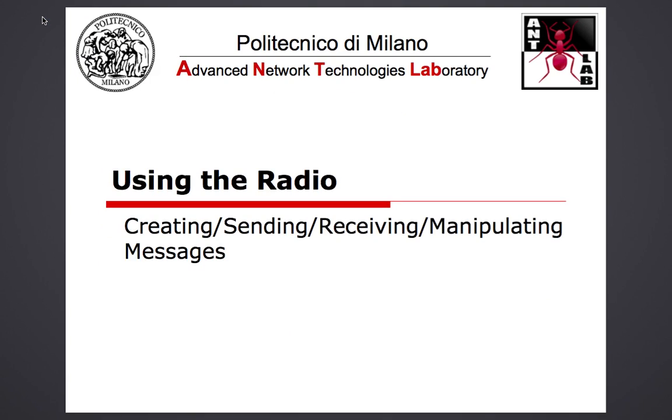Again, TinyOS already gives you everything you need to perform radio communication. It gives you the components and the interfaces needed for creating, transmitting, and receiving messages. That's cool because we don't have to spend a lot of time implementing stuff.